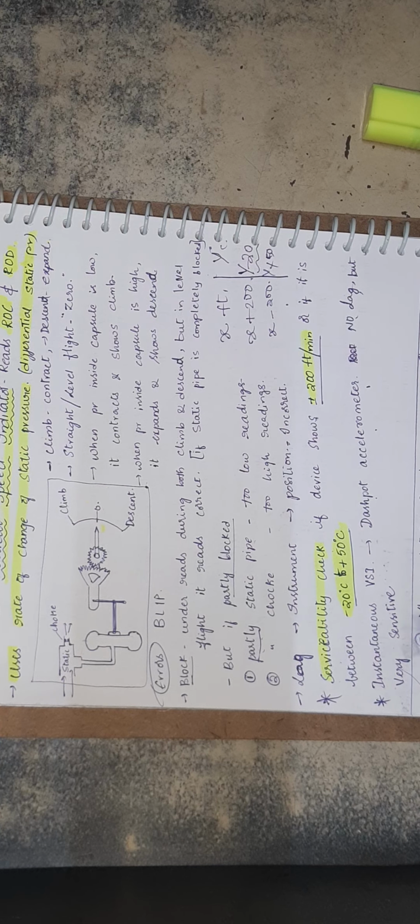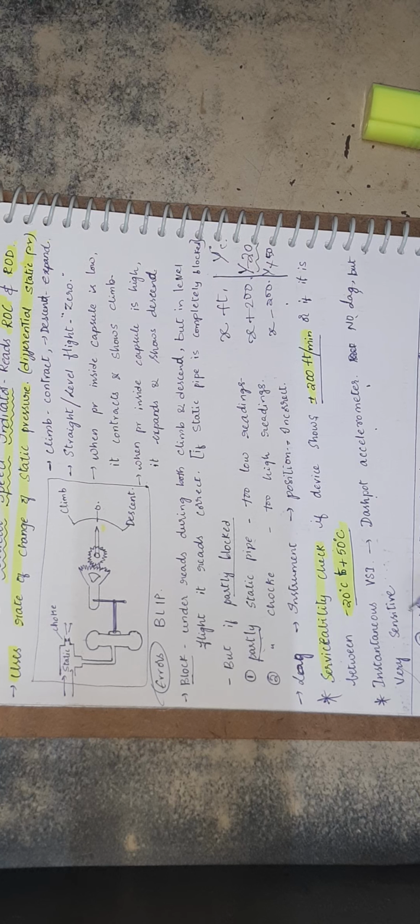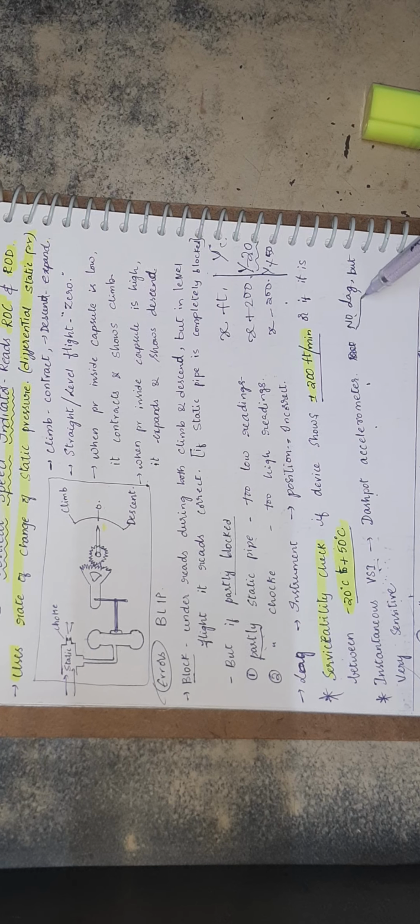But there is a disadvantage: it is very sensitive. Even with a small turn, the instrument is going to show us wrong indications. So this is the disadvantage, but it helps us without any lag.